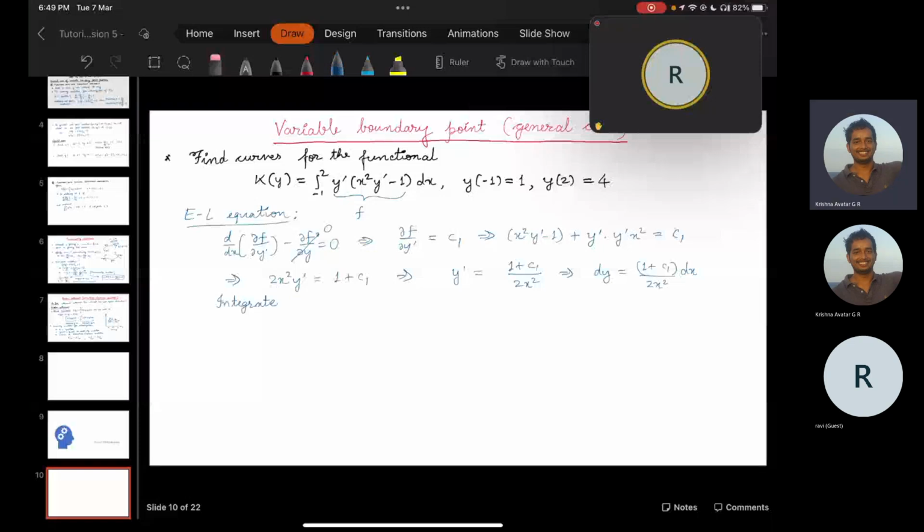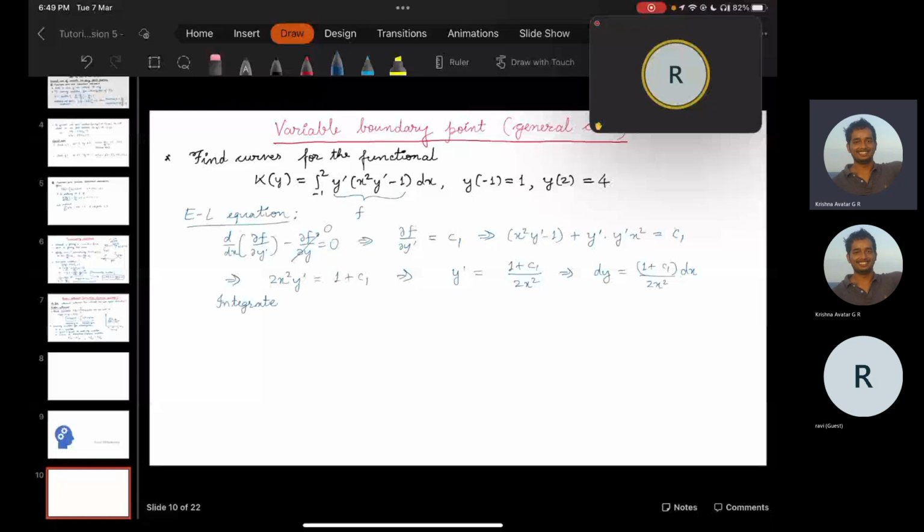So we'll have y is equal to 1 plus c1 by 2 into minus 1 by x plus some new constant c2. And it's nothing but y of x is equal to minus 1 plus c1 by 2 into x plus c2. Now let's use our boundary condition.